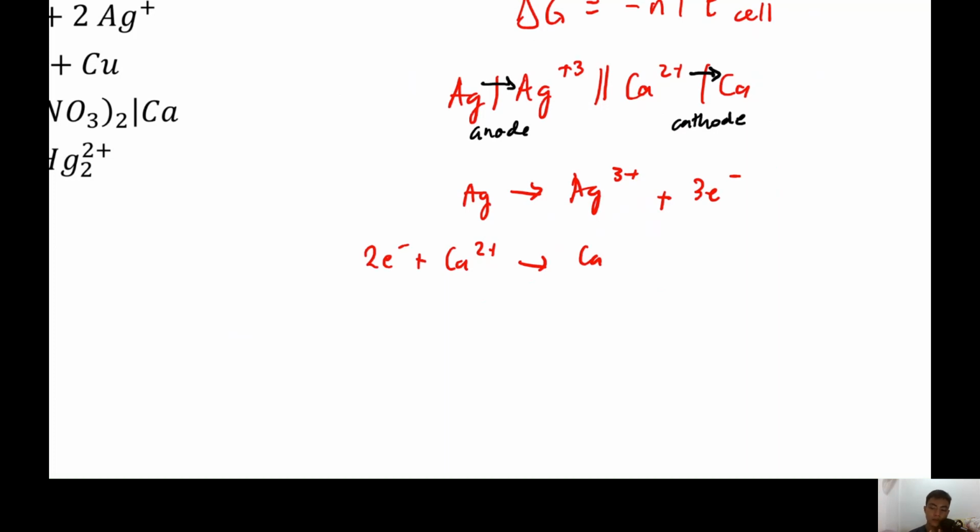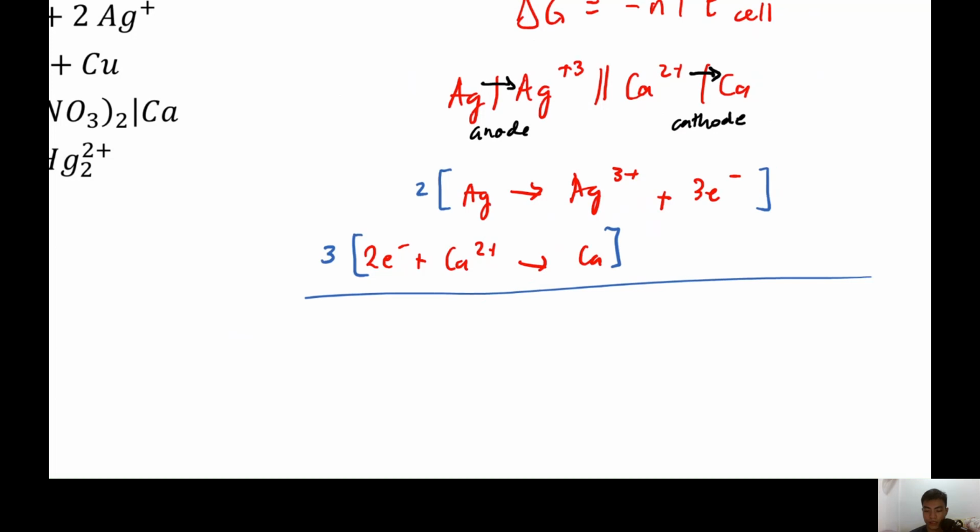Before I combine them, always remember that the moles of electrons should be equal, so you have to get their LCM. What's the LCM of 3 and 2? That is 6, so the moles of electrons has to be 6. For the top equation to have 6 electrons, I multiply it by 2, and this one has to be multiplied by 3.